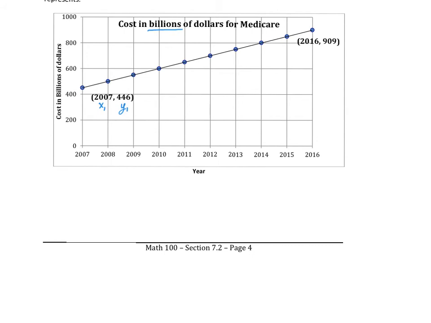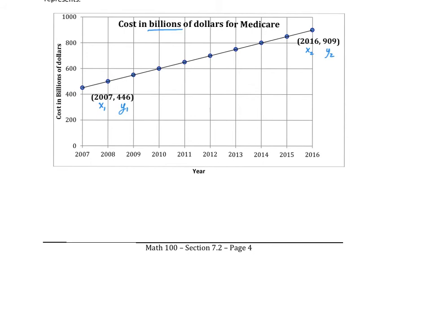In 2007, we spent $446 billion on Medicare. The last point I have on this graph is the year 2016, which would be my x sub 2, and my y sub 2 would be 909. So in the year 2016, we spent $909 billion for Medicare.